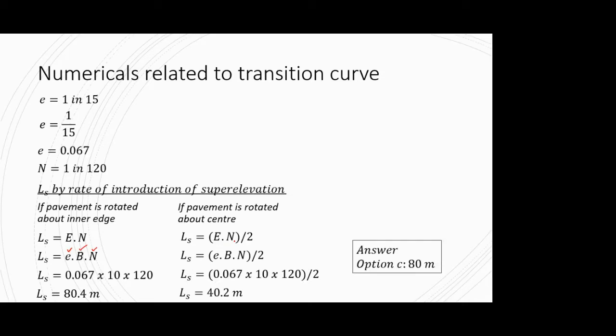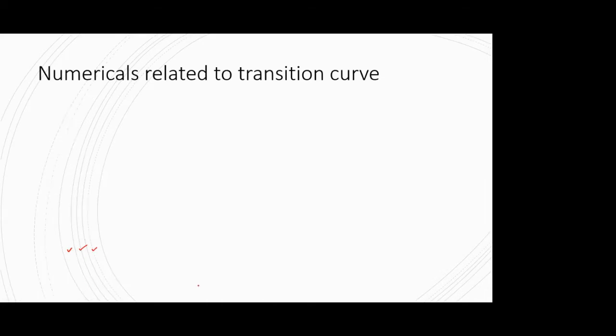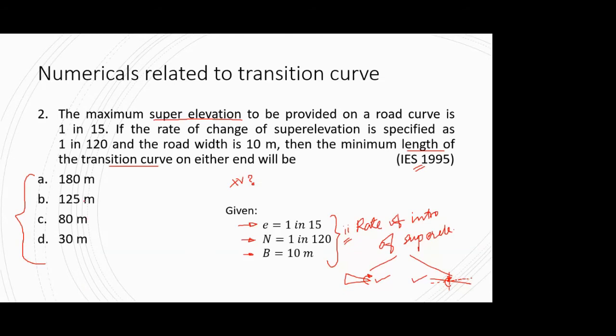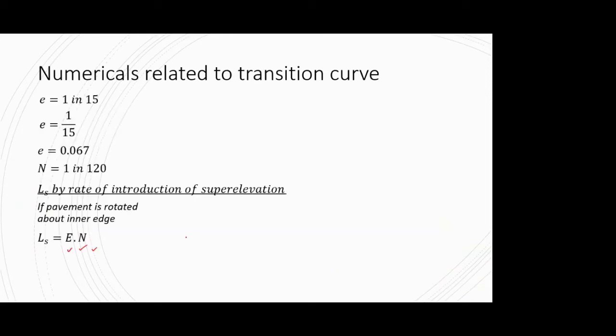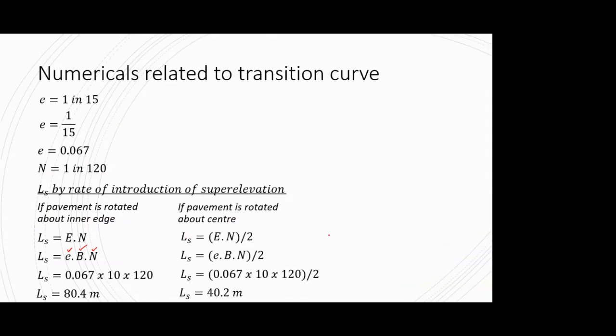Now, if you see the solutions that they have given, we have got 80.4 and 40.2, and the options they have given are 180, 125, 80 and 30. So obviously this is our answer, and the reason why we have taken this: if you recall, even when we calculate the length of transition curve by all the three parameters 1, 2 and 3, we take the value which is the highest amongst these three.